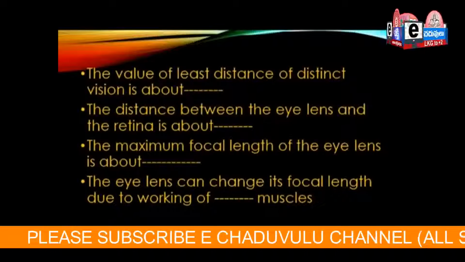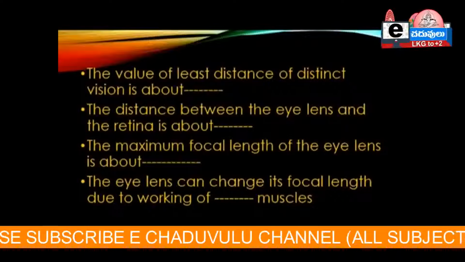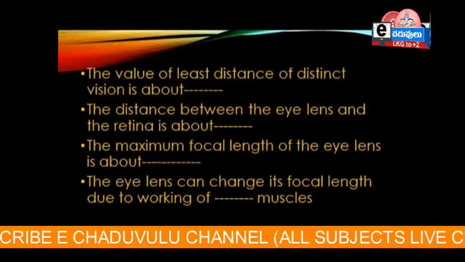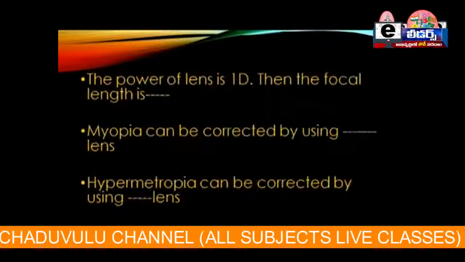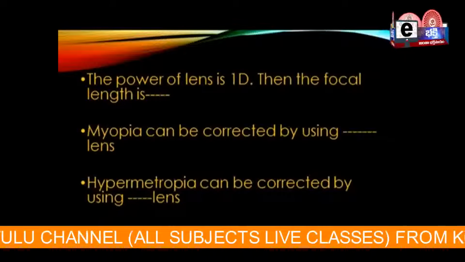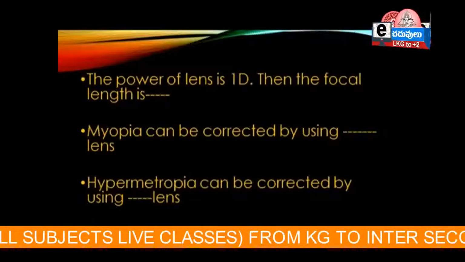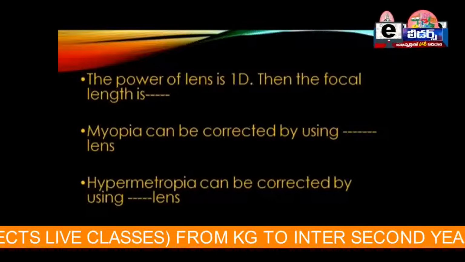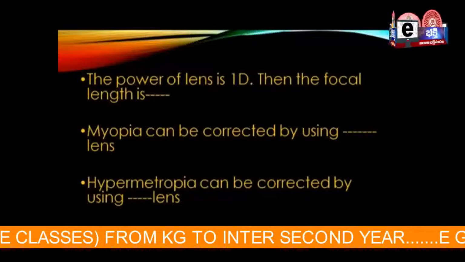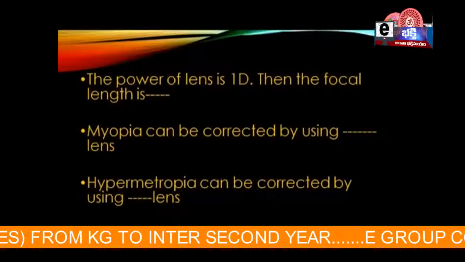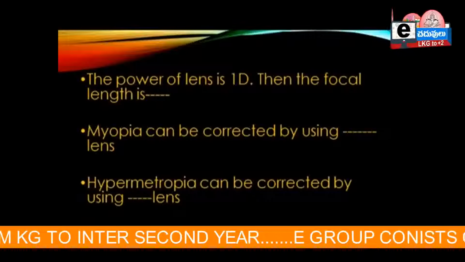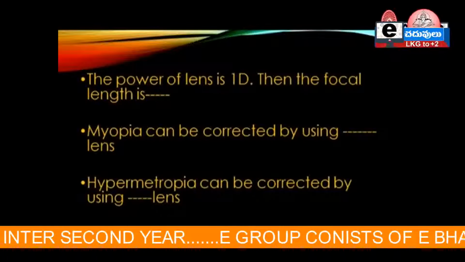The eye lens can change its focal length due to the working of dash muscles. The power of a lens is 1D, that is 1 diopter, then the focal length of the lens is dash. Myopia can be corrected by using which lens? Hypermetropia can be corrected by using which lens?